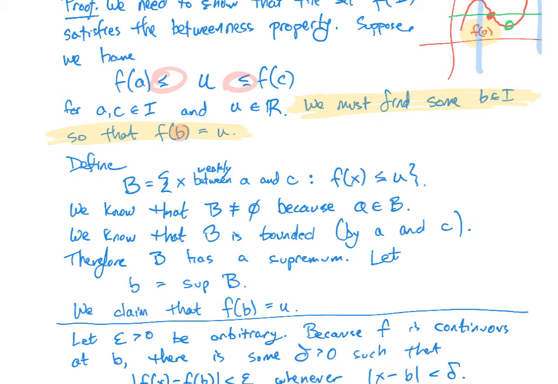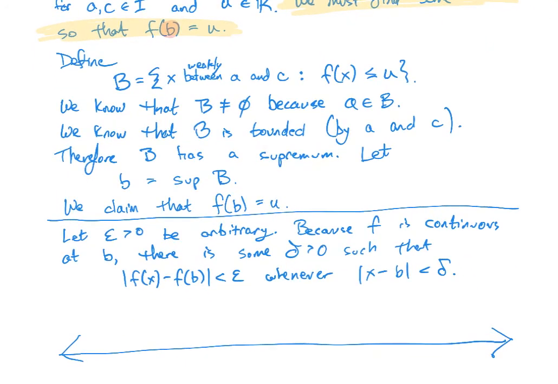And how do we show that this B is in the interval so that it's continuous? Is it because it's between A and C? Yeah. Or, oh, well, it might not be since it's the supremum.